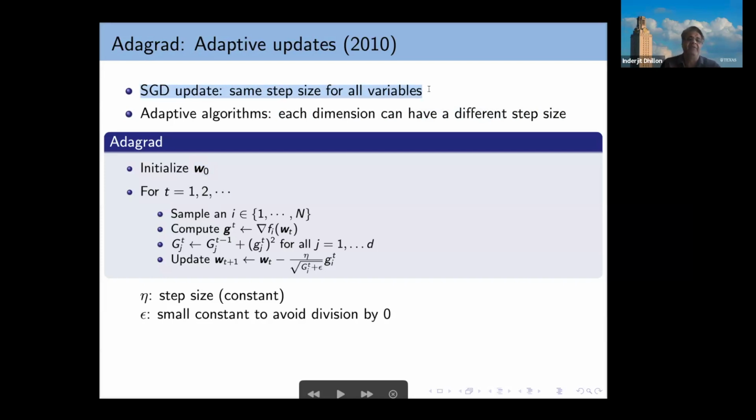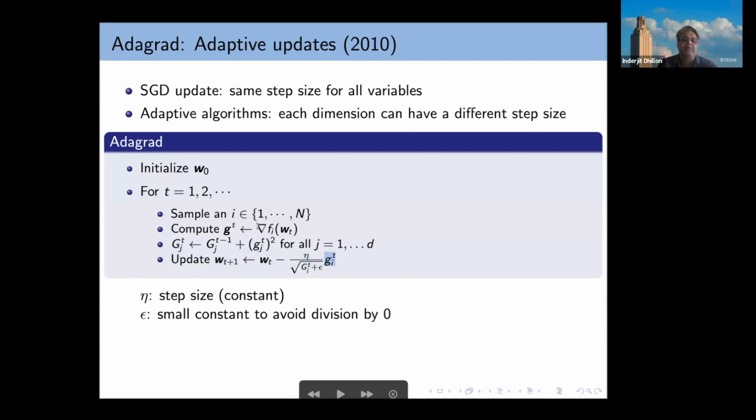What AdaGrad does, I can just go straight to the formula. There should actually be an i over here; I think the i is missing. So W(t+1) in the ith coordinate is Wt in the ith coordinate, and what you end up using, same as before, is eta times G.